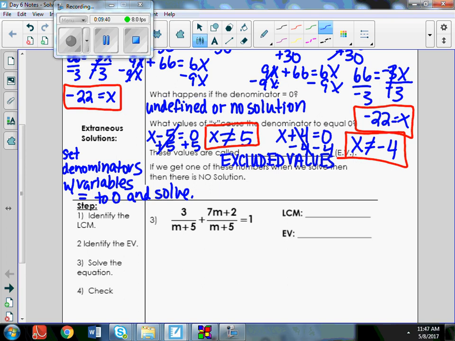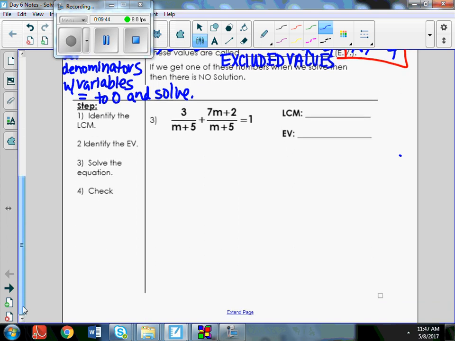Okay, so now we're kind of going to do some examples based on what we just talked about. So I can't cross multiply because I have 3 fractions, so finding a common denominator will always work. What is the common denominator? m plus 5.